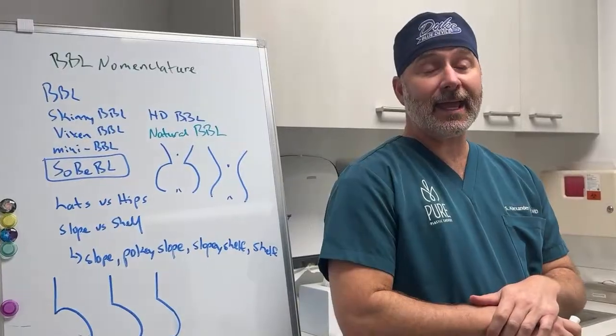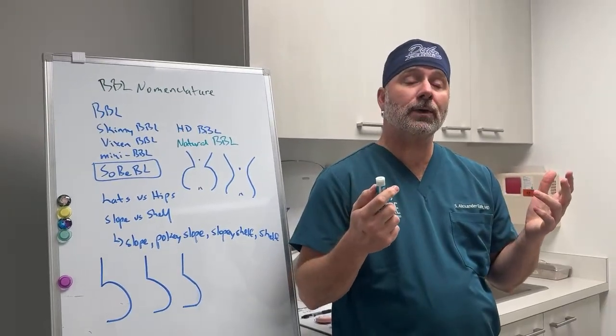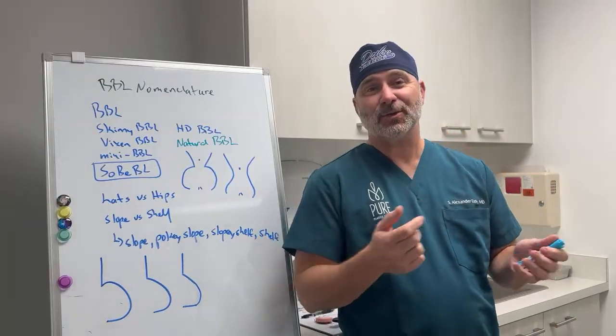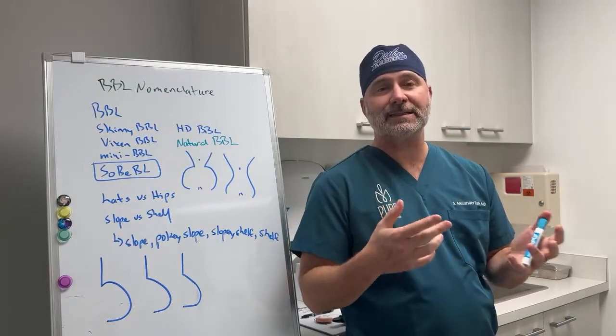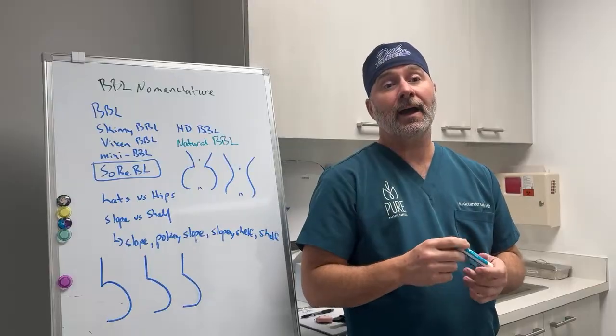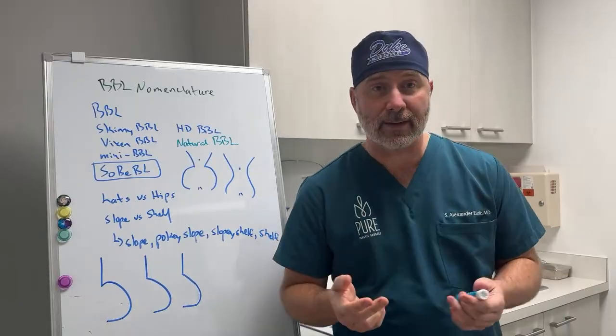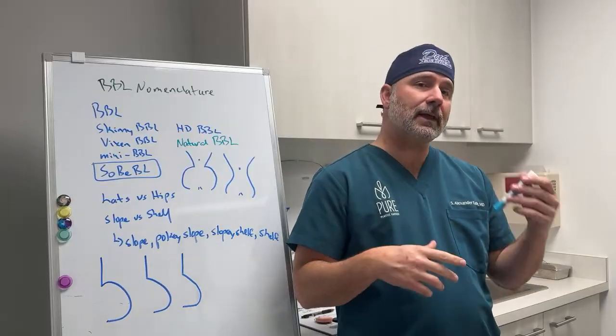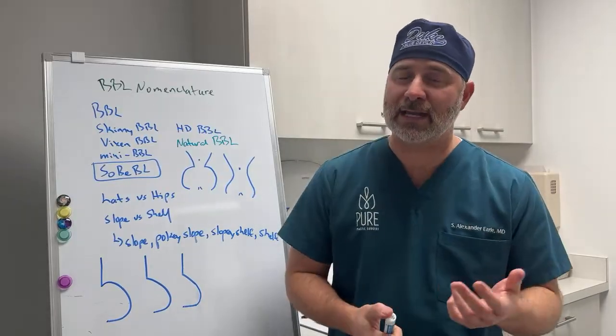Today, we're going to go over what I like to call BBL nomenclature. So what does that mean? It means all these words and things that we use around BBLs. I'm going to try to explain each and every one of them because it can get confusing, right? People are all over the place with this. They don't truly understand what it means.